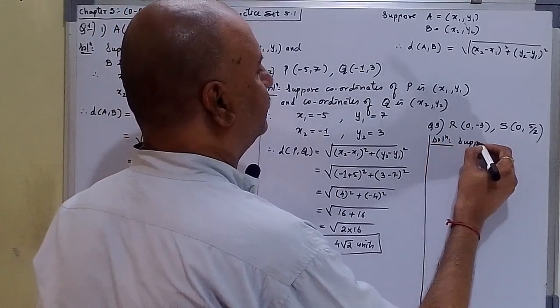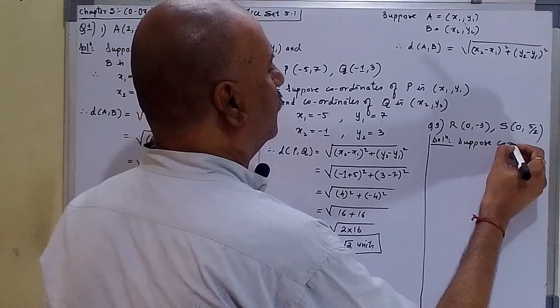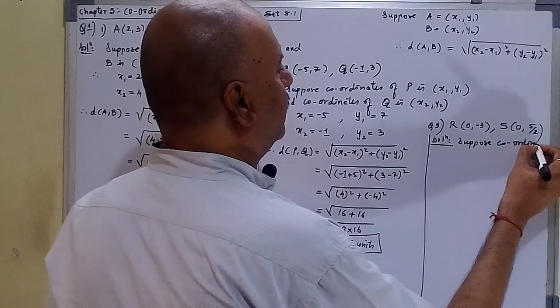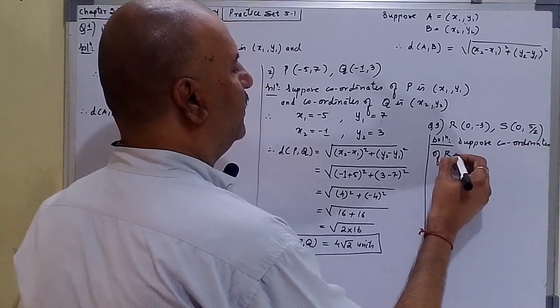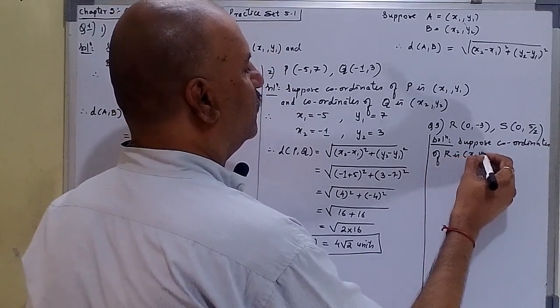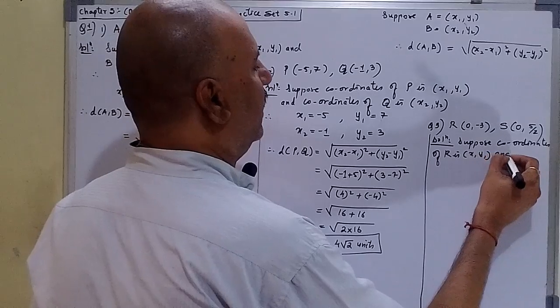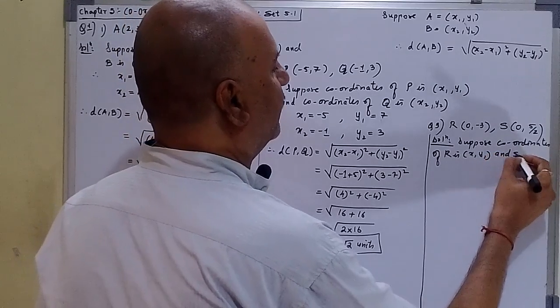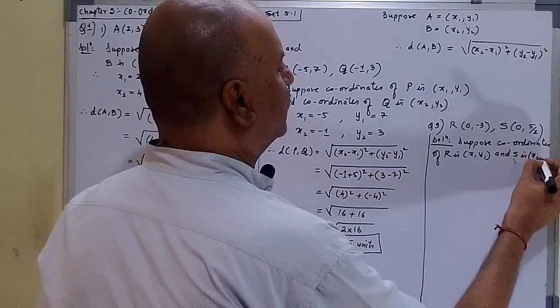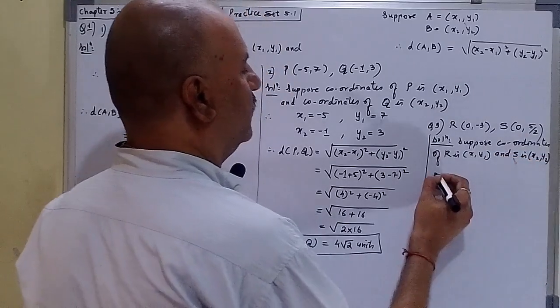Suppose the coordinates of R are x1, y1 and S is x2, y2.